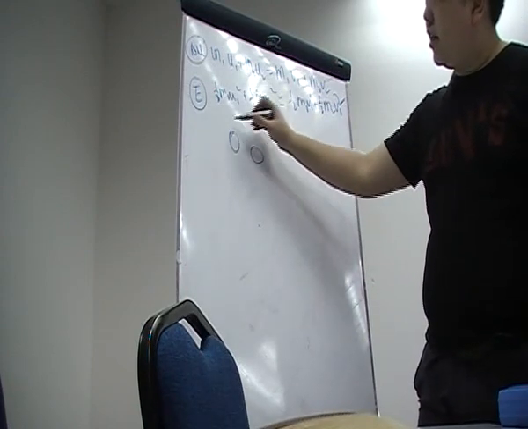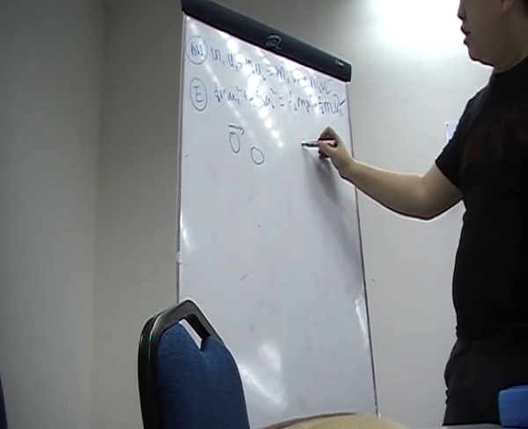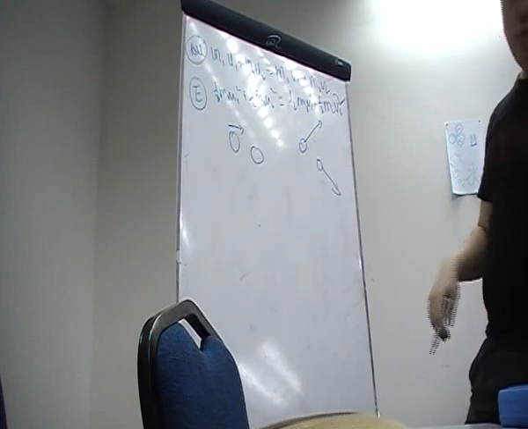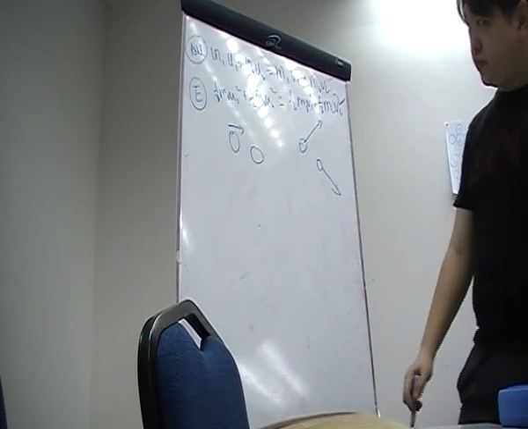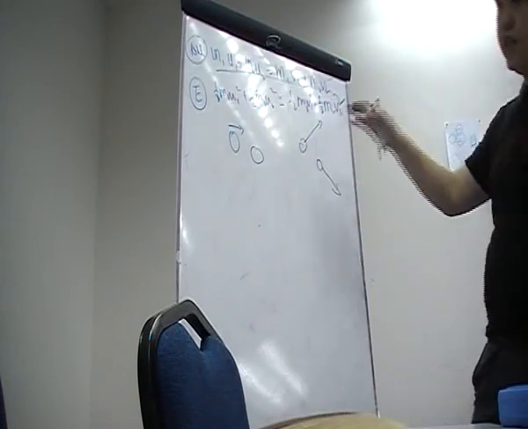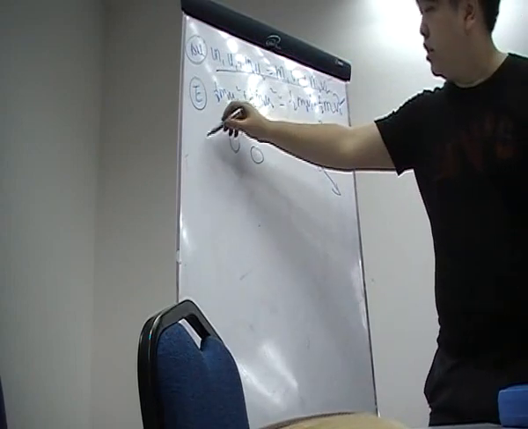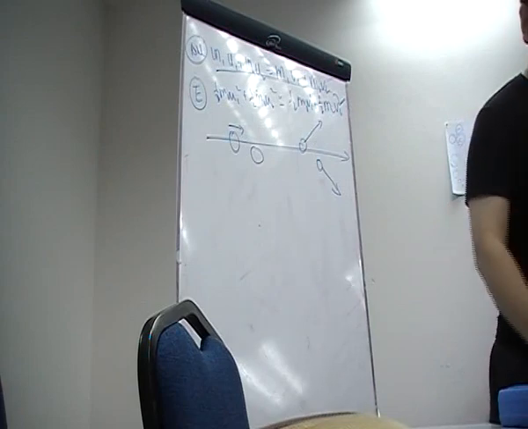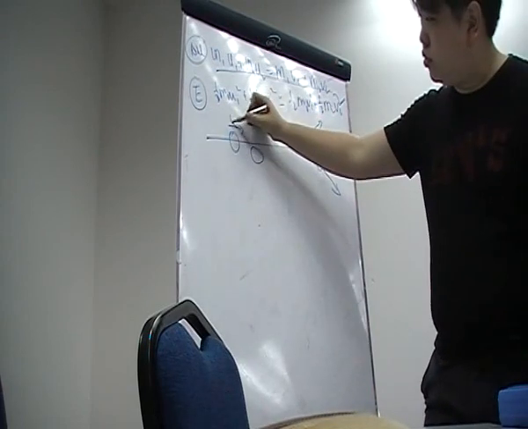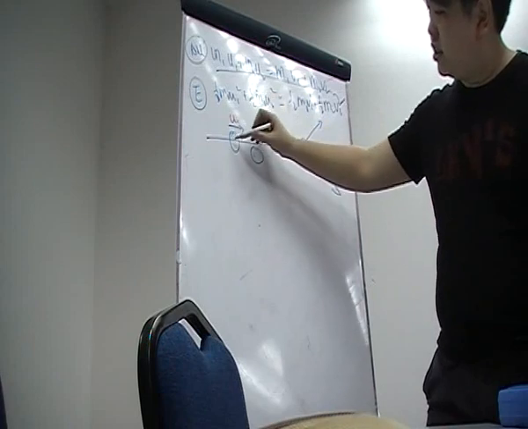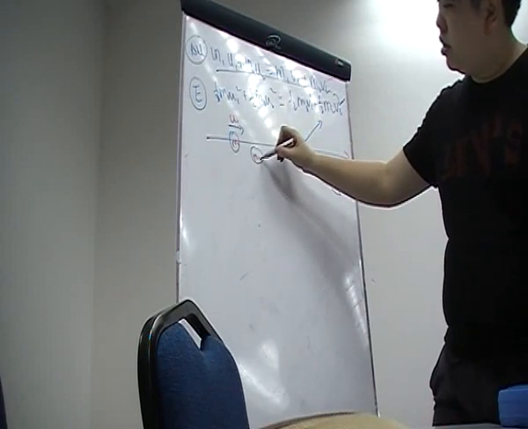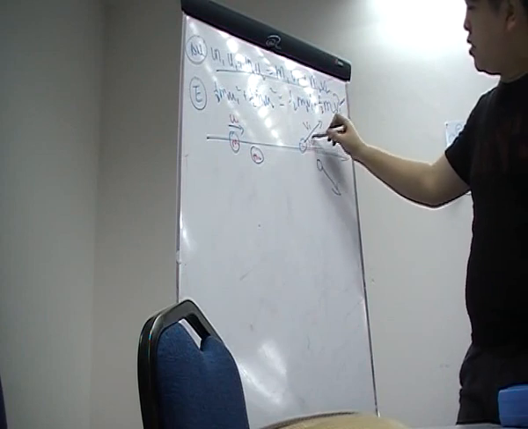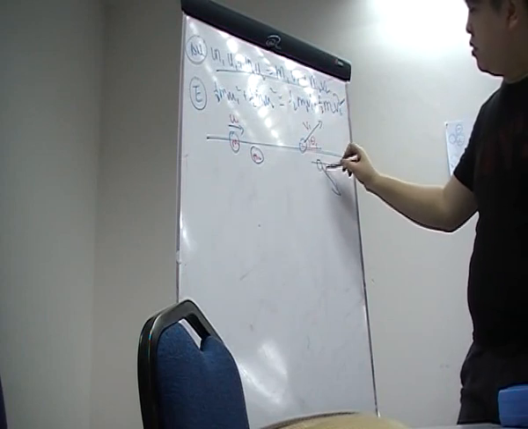If before we hit it is like that, and after we hit it is like that, the idea is that if it is elastic, these things apply along an axis. You don't need to know the detail. Let's say this is u1 with mass m1, and this is m2 at rest, with u2 equal to 0. After impact, this is v1 at angle theta 1, and this is v2 at angle theta 2.